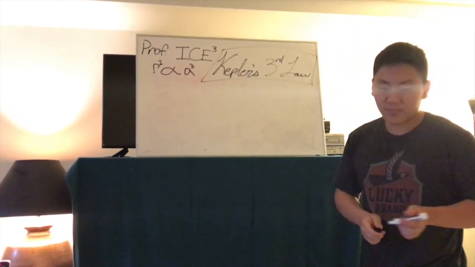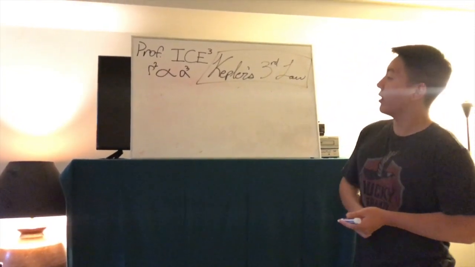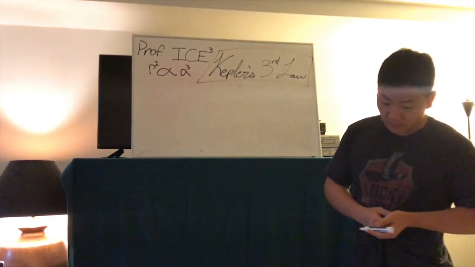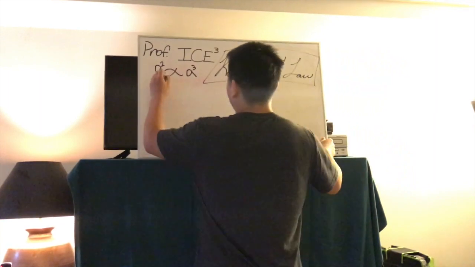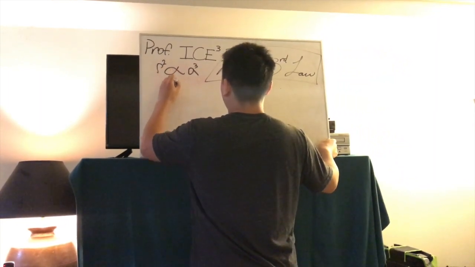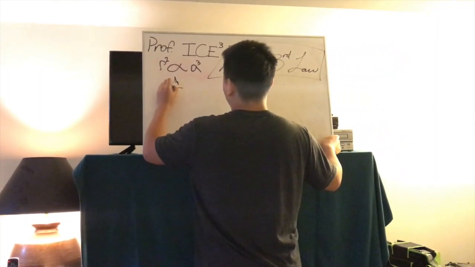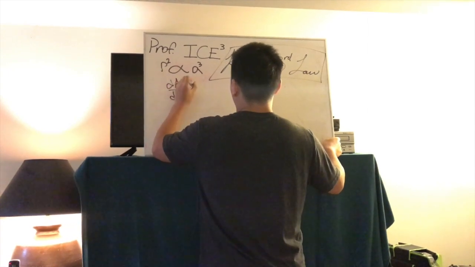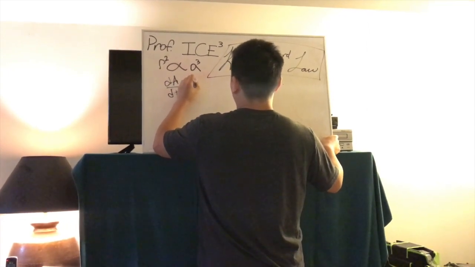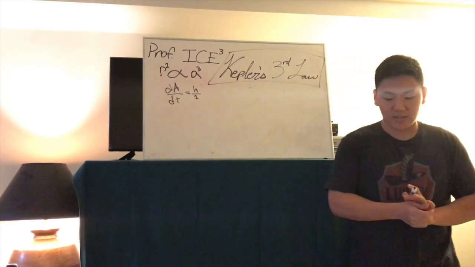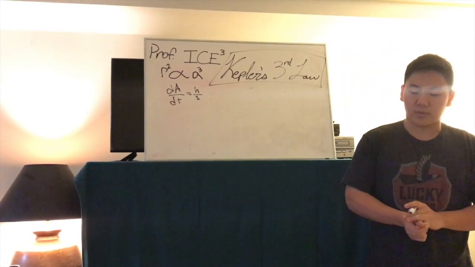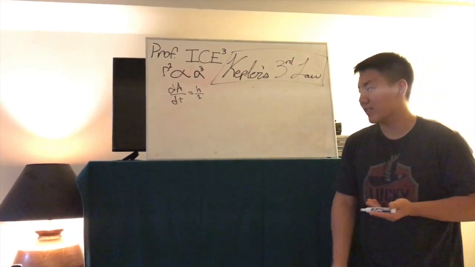Alright, so what we already know is that dA/dt is equal to h over 2, as we proved in the previous proof. So what can we do with this?